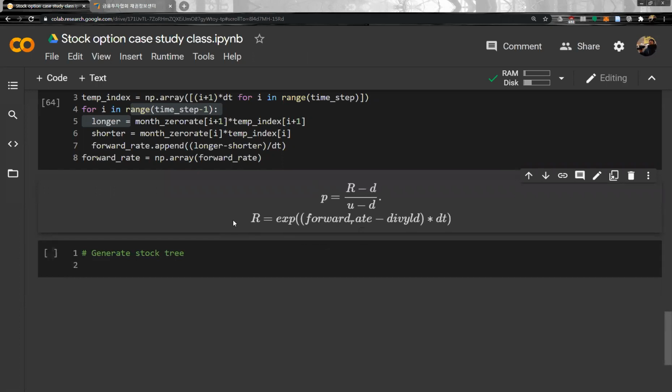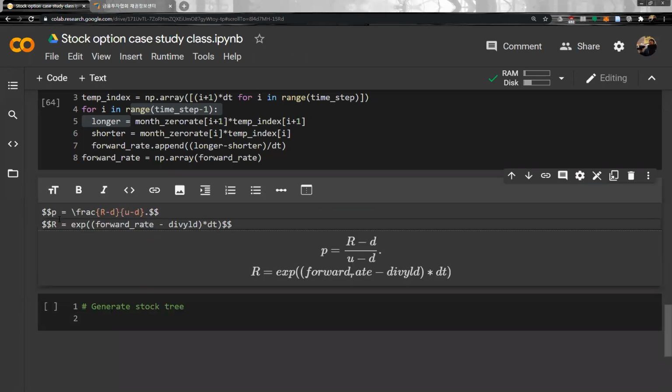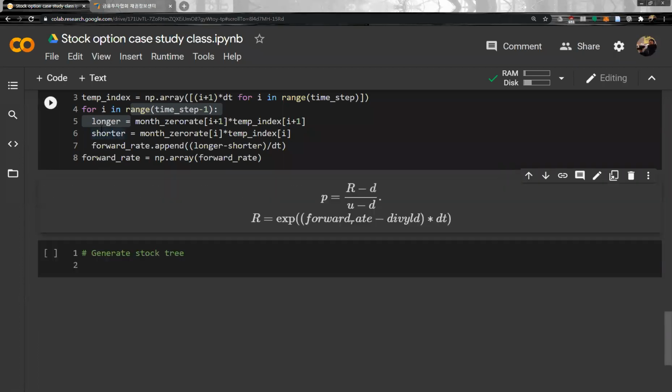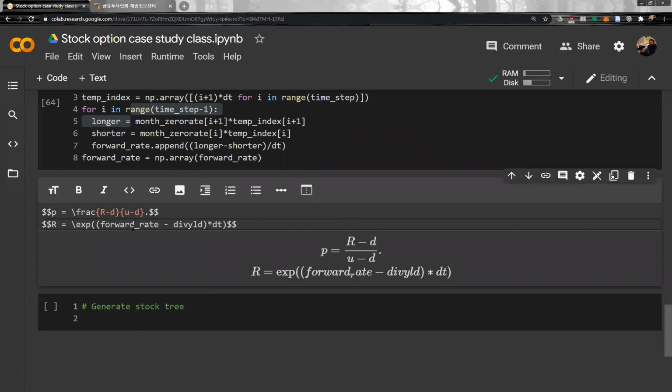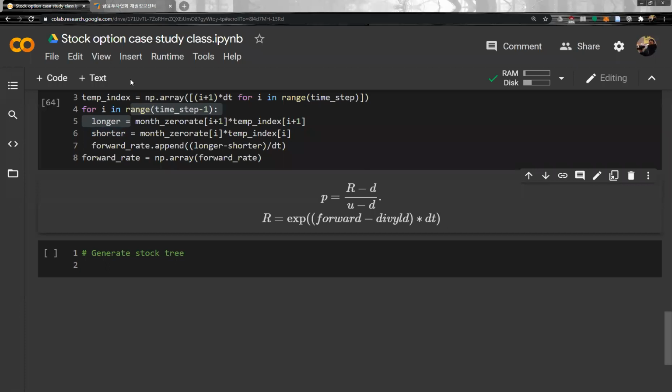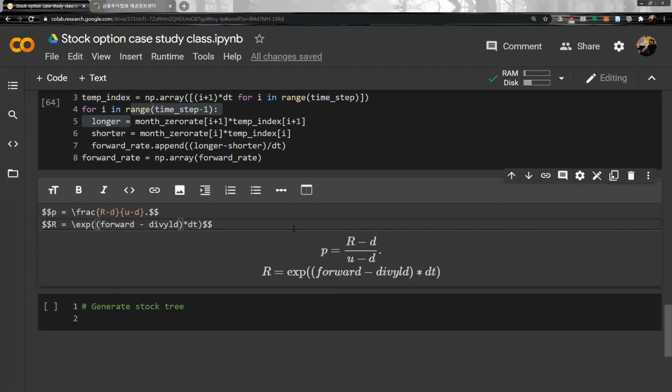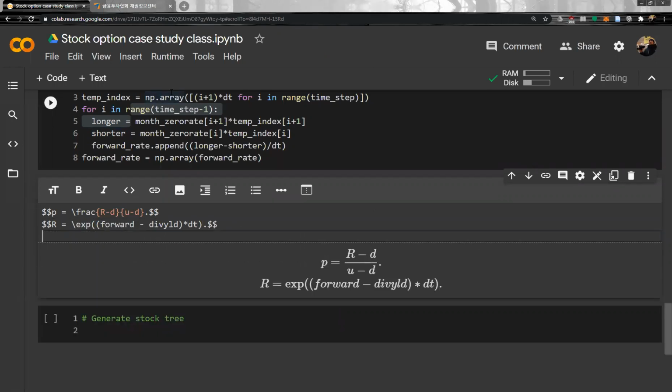This looks a bit nasty, so let me make it prettier. EXP of forward rate minus dividend yield times dt. And then U and D. I'm not gonna explain here because it is covered in the other class about theory part.